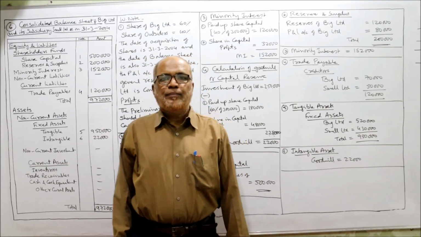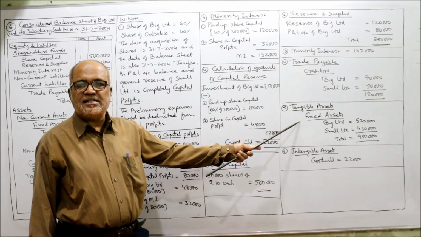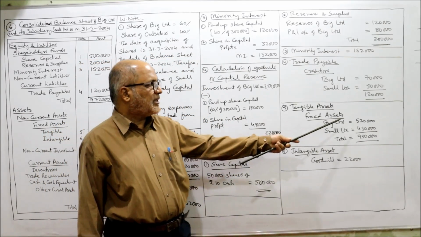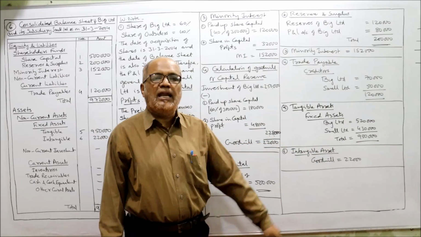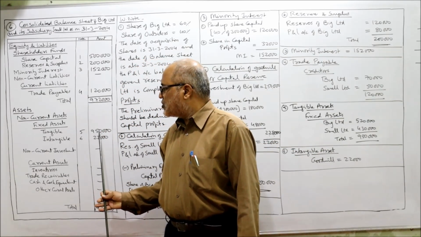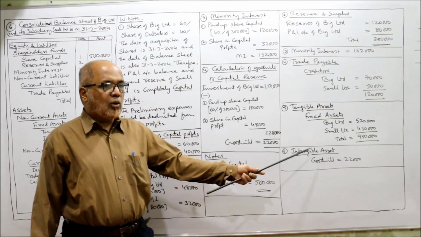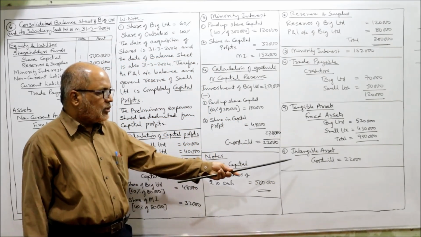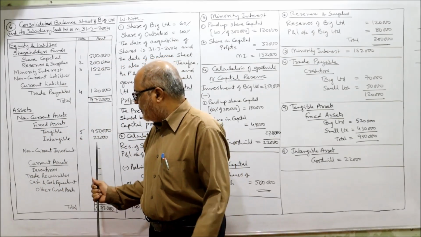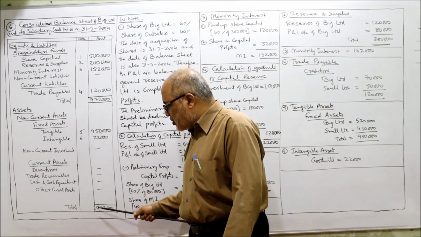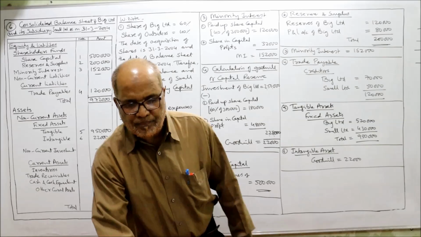Now asset side. Now sixth is tangible fixed assets. Tangible fixed asset, Big Limited 520, Small Limited 430, 9,50,000 is the tangible fixed asset. Intangible asset, goodwill. Goodwill already we have calculated here, 22,000. I have taken goodwill. No current assets are there. Balance sheet tally 9,72,000.